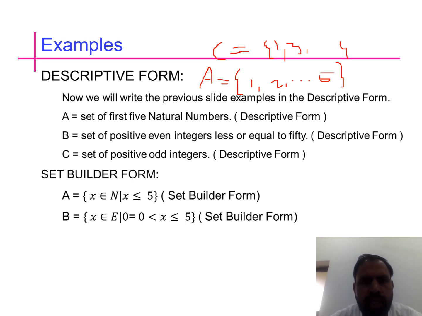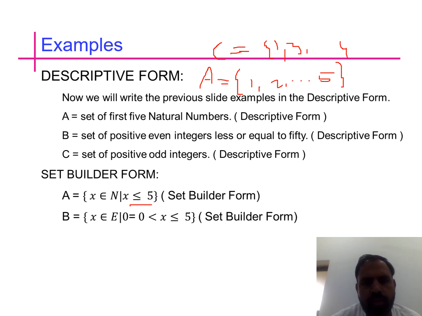If we write it in set builder form, A is equal to x, where x belongs to the natural numbers N such that x is less than or equal to 5. This is the first example, A, in set builder form.